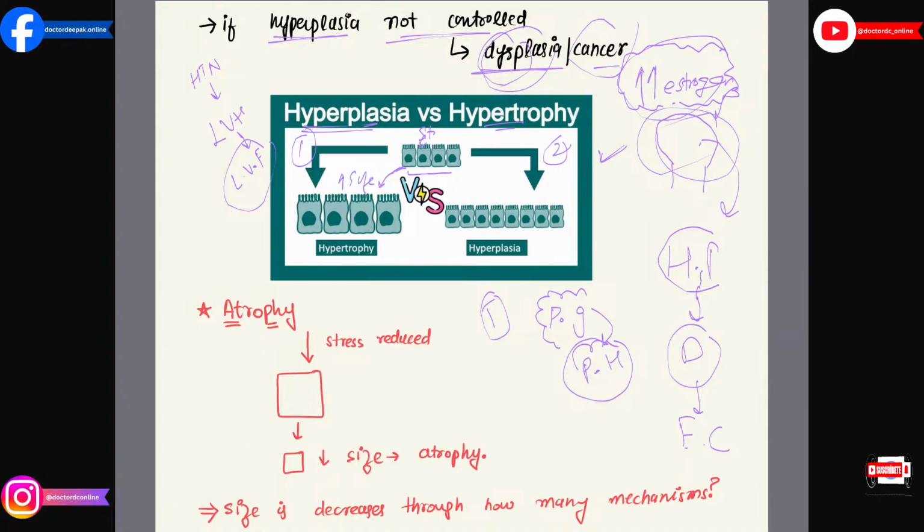So when the size increases, it is called hypertrophy. And on the right side, you can see the size is the same. The size is not increased, but the number of cells is increased. So this is called hyperplasia. So these are the simple terms, hypertrophy and hyperplasia, with examples. I hope you guys understand this.